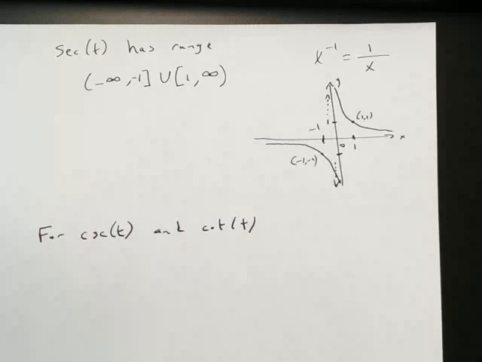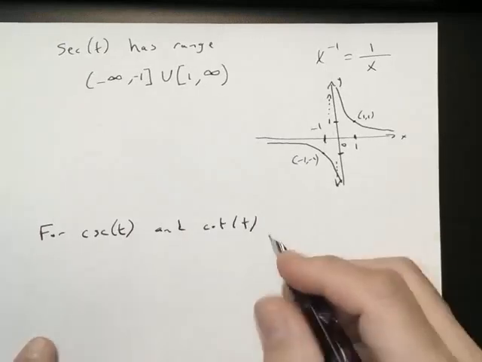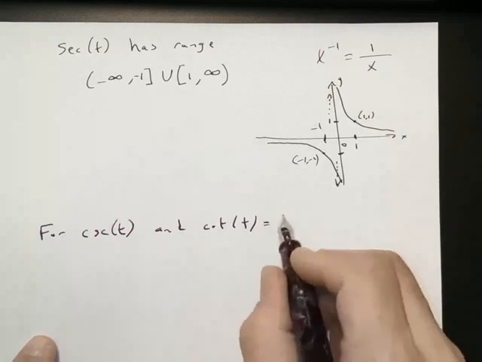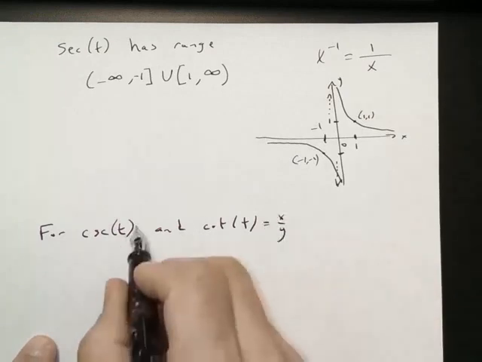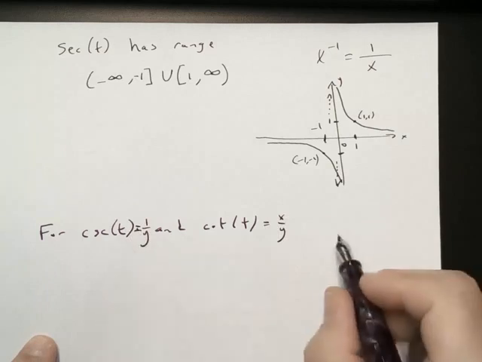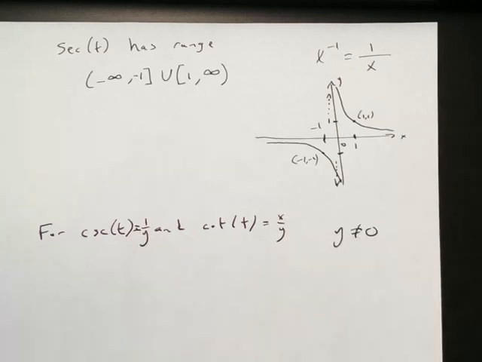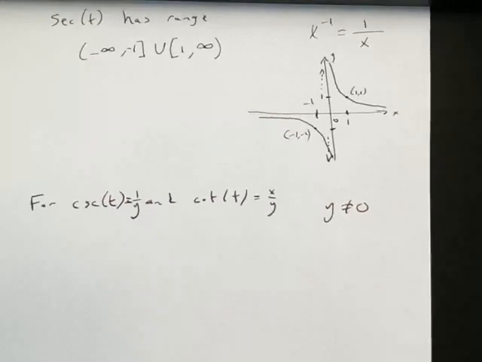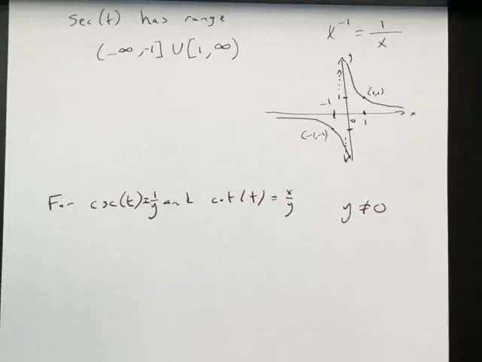Cotangent was x over y, and cosecant was 1 over y, which means I need y to not be 0. Wait a minute. Let's do the exact same thing we just did with x, but with y. Which trig function goes with y? Sine.